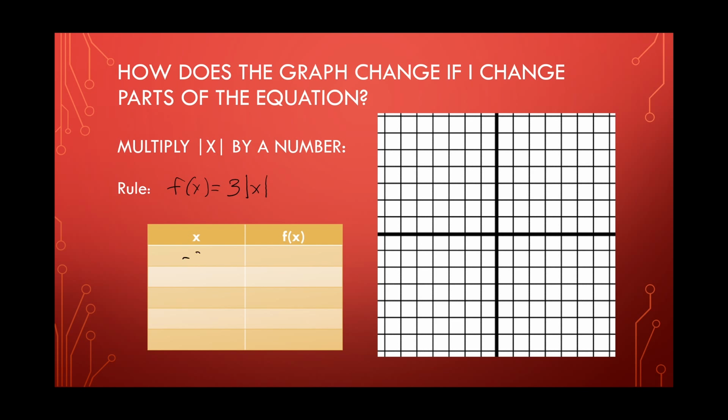So let's take those same numbers as I did before. -2 turns into a +2, and I multiply it by 3, and I get 6. -1 turns into a +1 times 3 becomes 3.